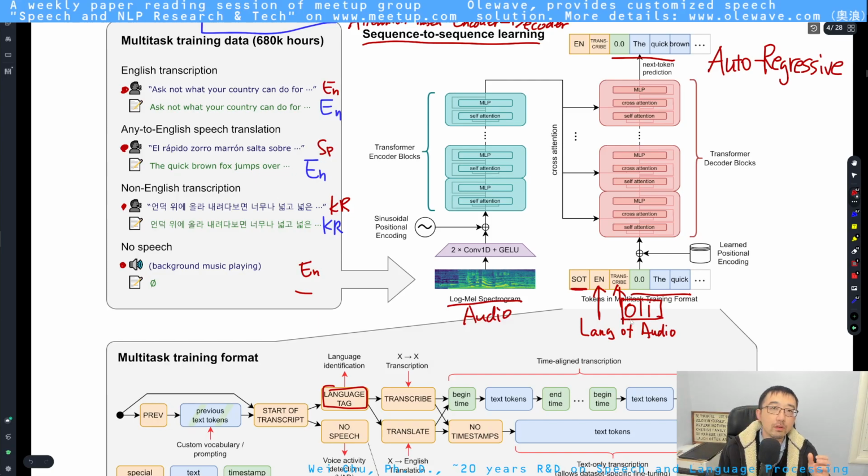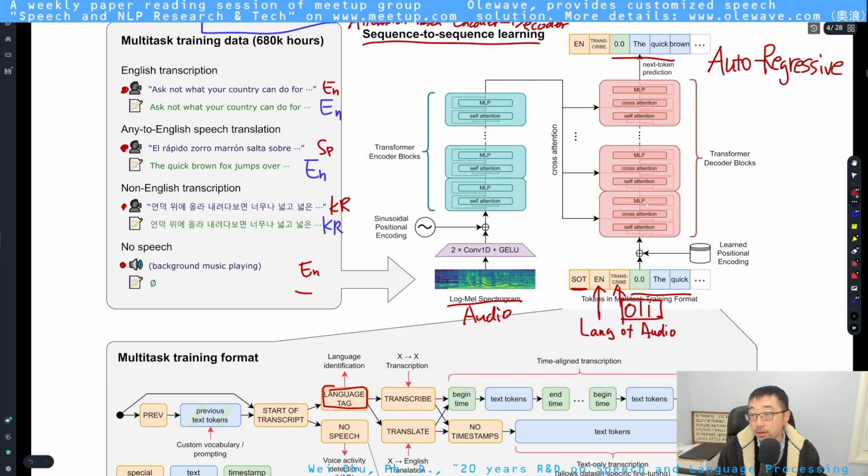The flag could be either 0 or 1. 0 means this is English speech recognition, or non-English speech recognition. And the 1 means translation from non-English to English. And this 0.0 in the green square means some VAD or time-aligned transcription stuff.